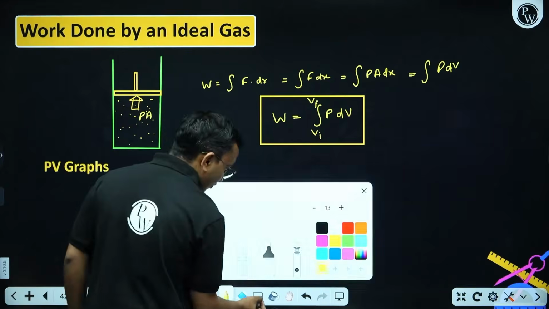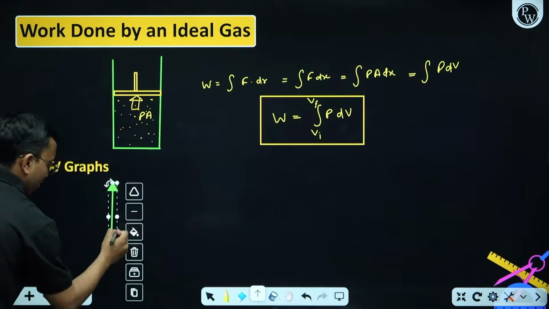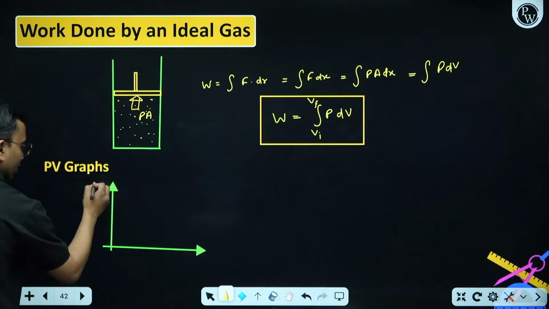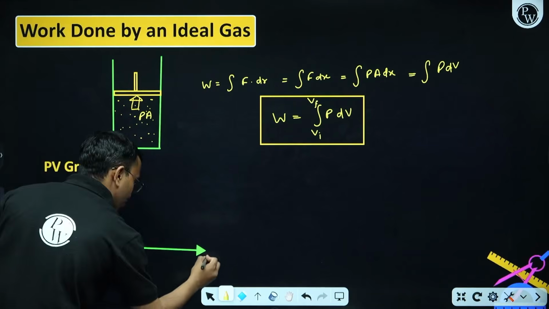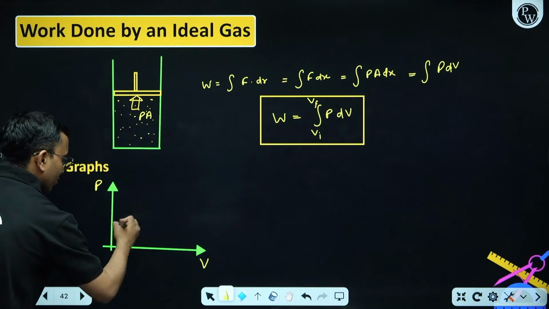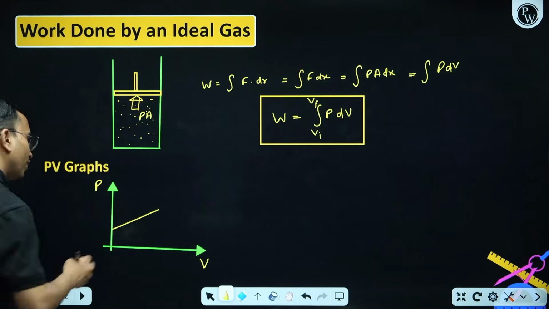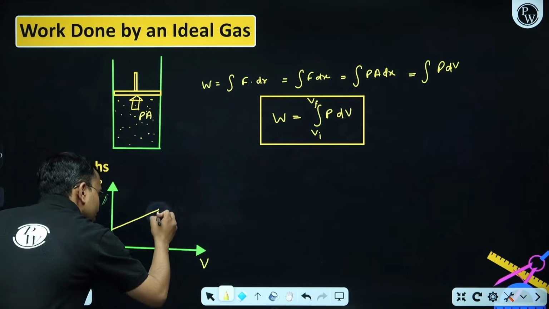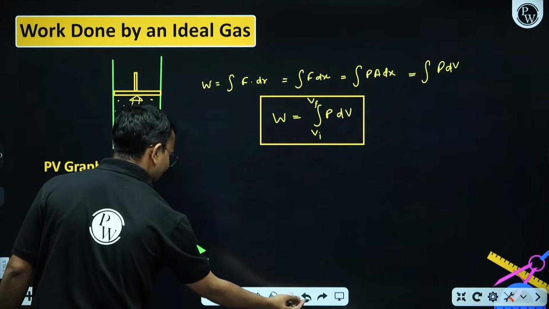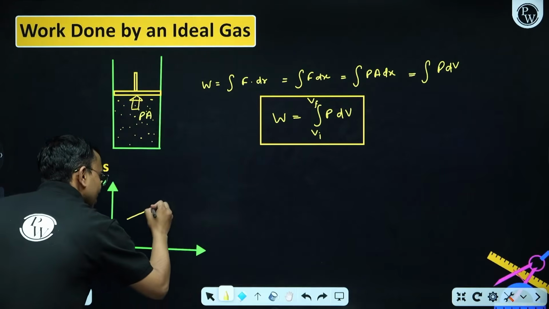So let us take, you are having a PV curve for a gas. This is pressure, this is volume, and let us take the PV curve is somewhat like this.